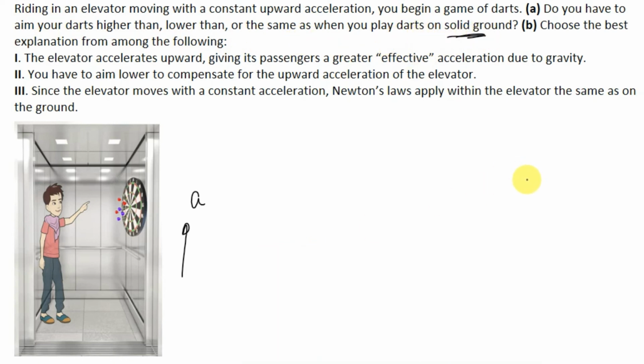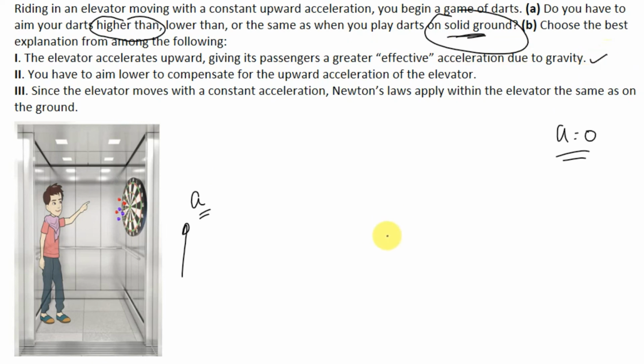So on the solid ground the acceleration is 0, right? But when you are in the elevator it is accelerating upwards with an acceleration a. So the correct answer would be that you have to aim your darts higher as compared to the solid ground, and the reason is this one.